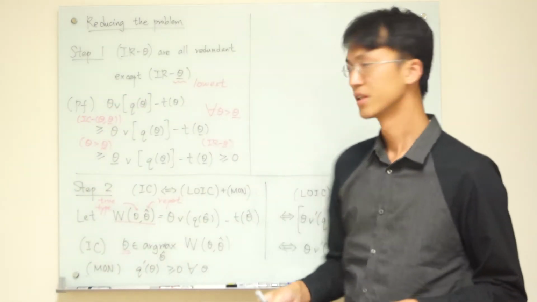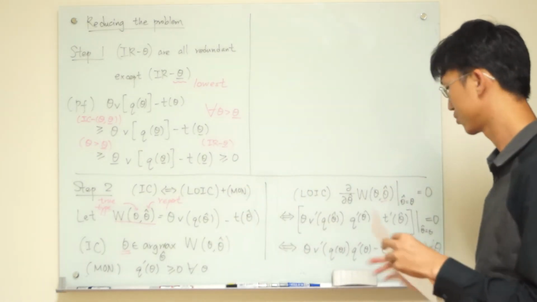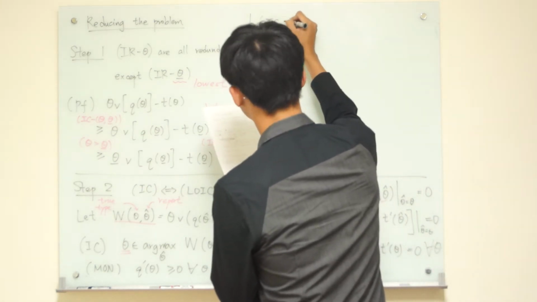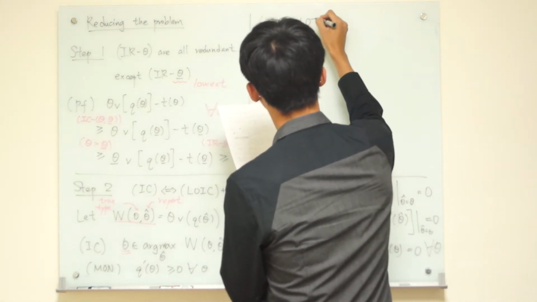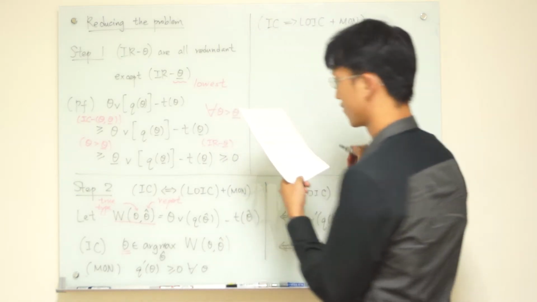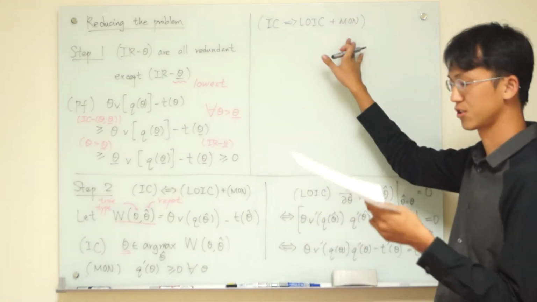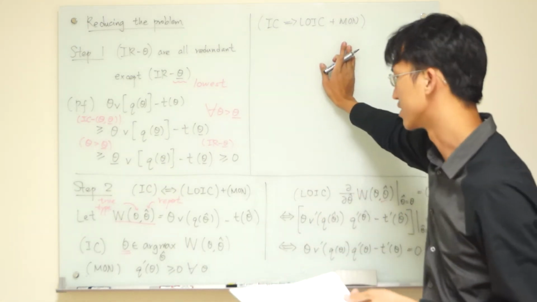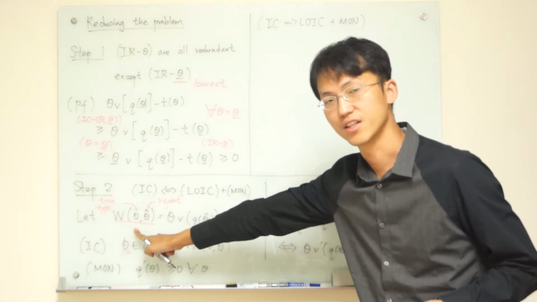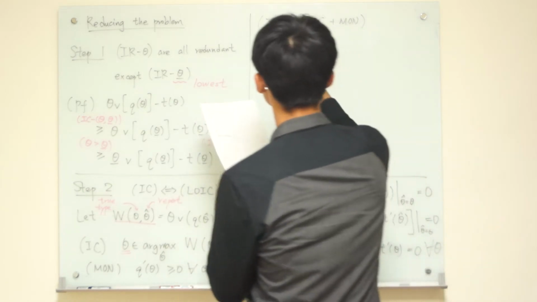So this is an if and only if statement, so we need to prove two directions. Let me do the first one. First of all, I'm going to show that if you have IC, then you have the other two. So to do this, let's take a look at this payoff function, and then do the first order derivative and second order derivative.